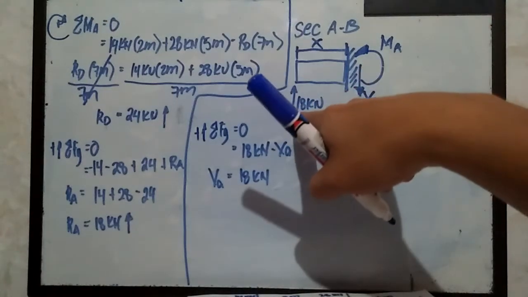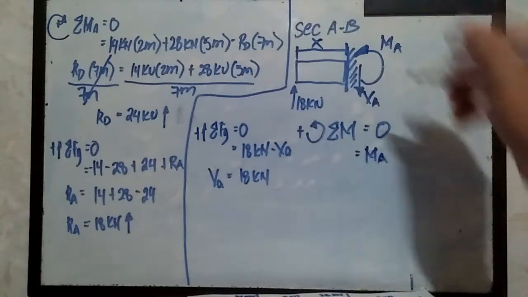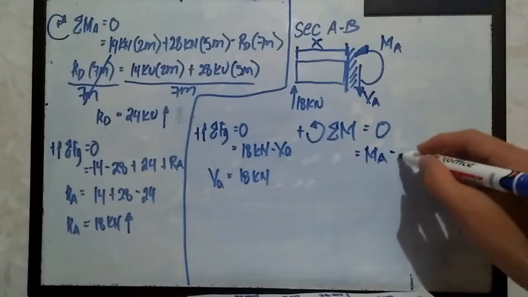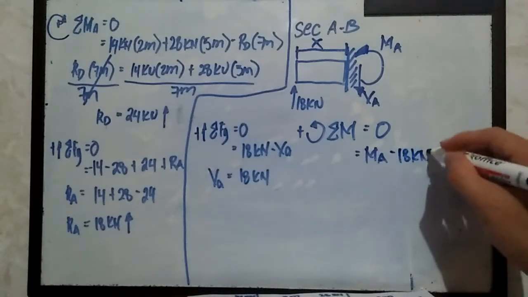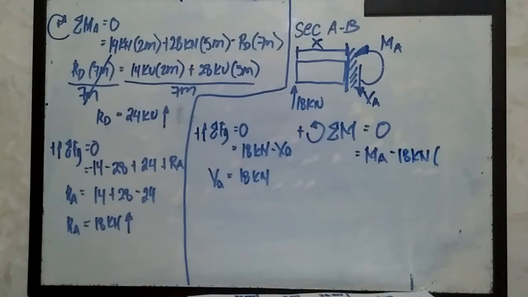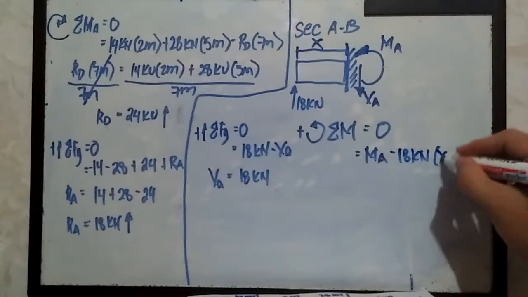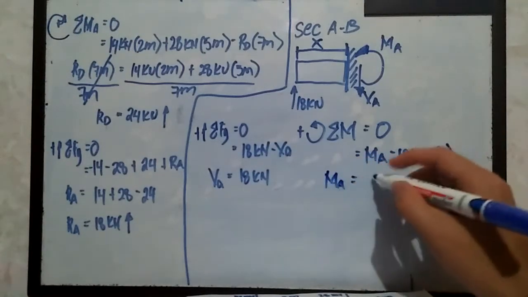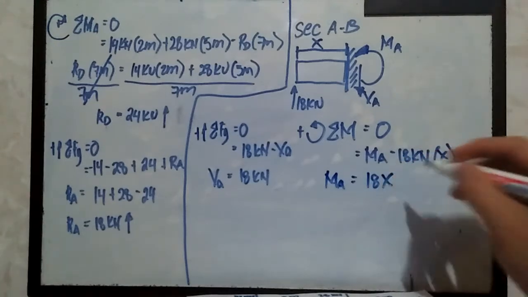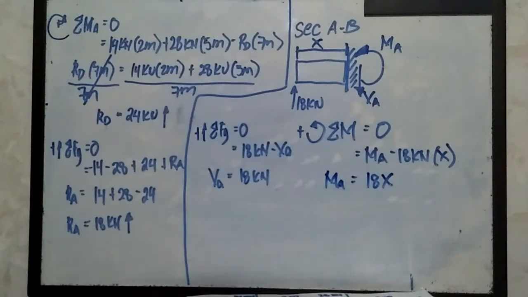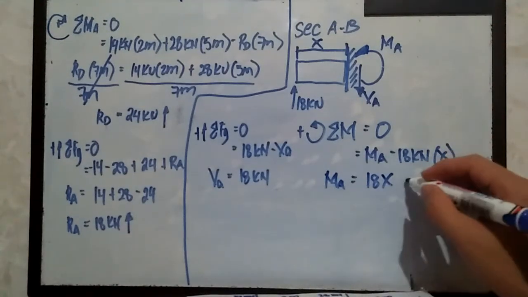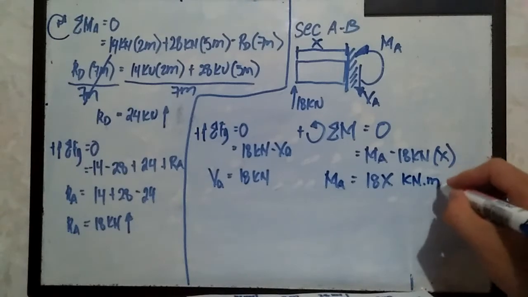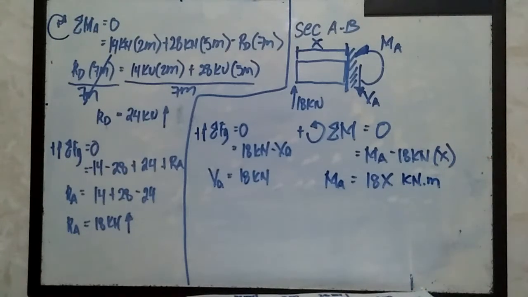And we have here 18 kilonewtons rotating clockwise, so that is negative 18 kilonewtons multiplied by its perpendicular distance x. Then isolating M sub A, that should be 18x. We just need to retain the units because by the end of the day it would still be kilonewton meter, because x is in meters.